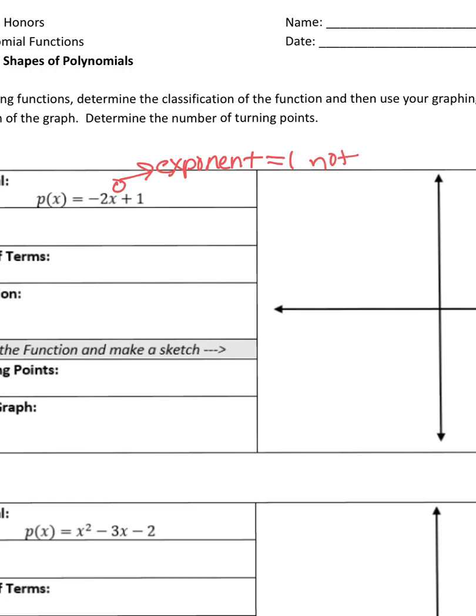Since there is a variable, it can't be 0. So the degree is 1. We call that a linear function. And there are 2 terms, so we call that a binomial.